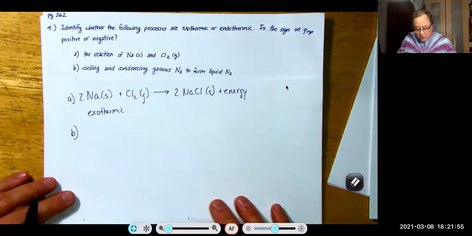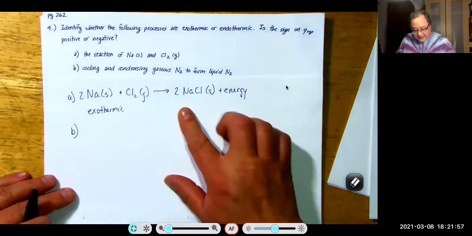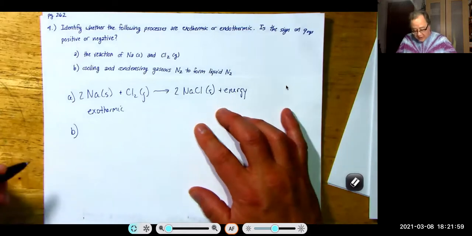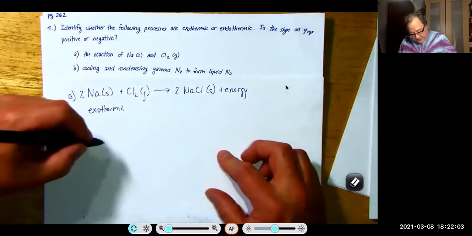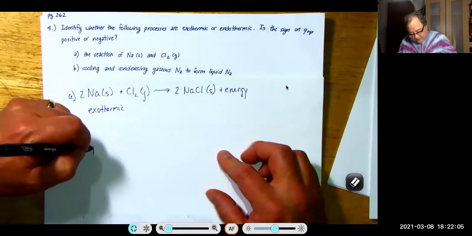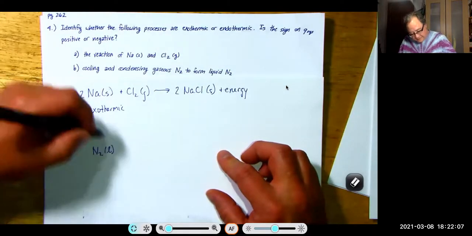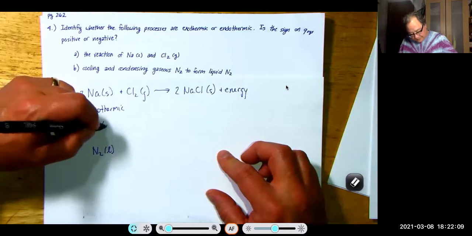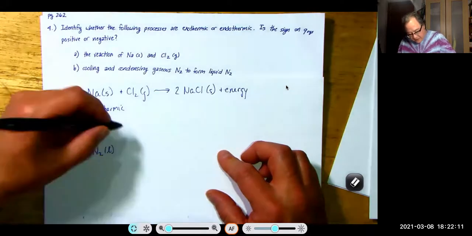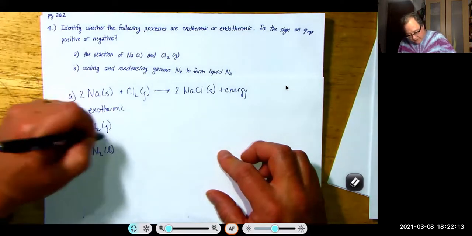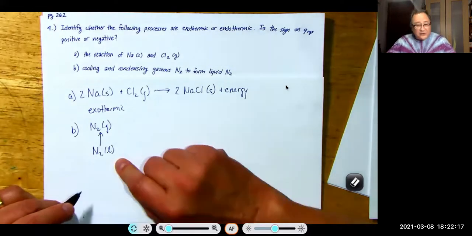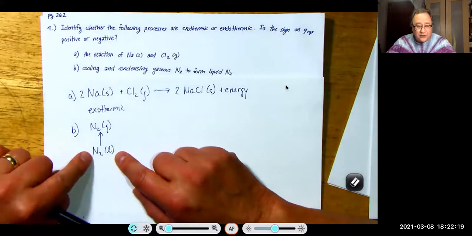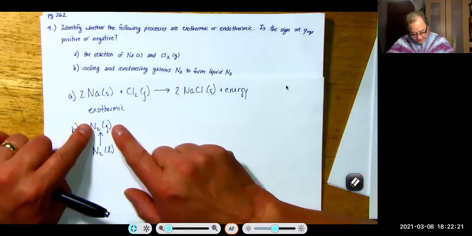For B, cooling and condensing gaseous nitrogen to form liquid nitrogen. Whenever I see a change in state problem, I like to do this. And here, I like to put a little arrow that goes up like that. The reason I do that is because liquid nitrogen is more stable than gaseous nitrogen.